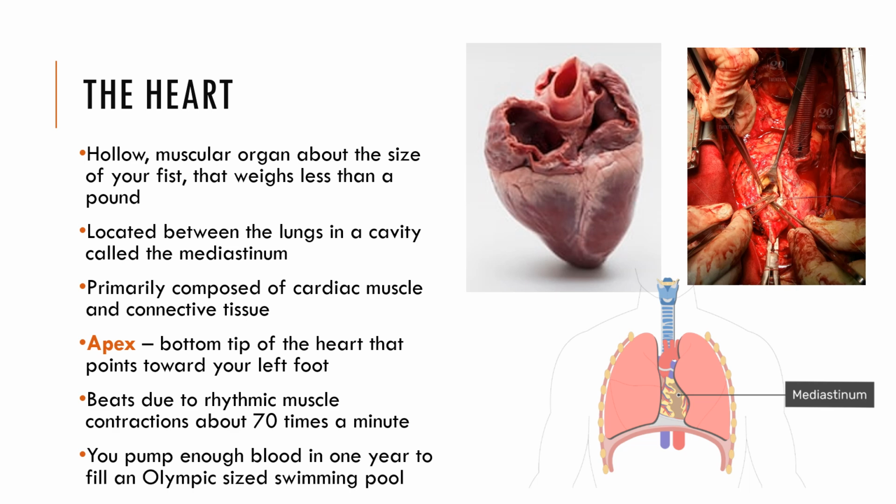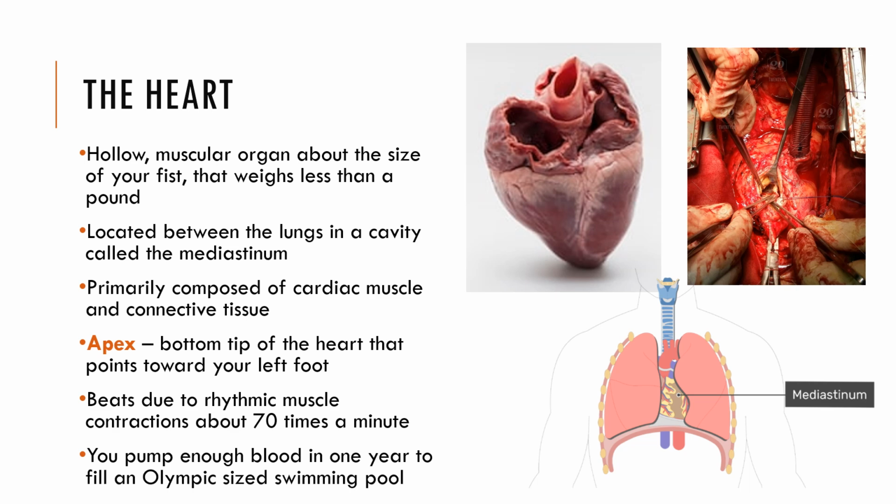The main organ of this system is, of course, the heart. It's a hollow organ, it is very muscular, and usually it's about the size of your fist. It's not the same size for every human. It adjusts its size based on how big you are. And it's located in an area of your chest called the mediastinum. It's mainly composed of cardiac muscle, and it has some connective tissue to hold it all together.